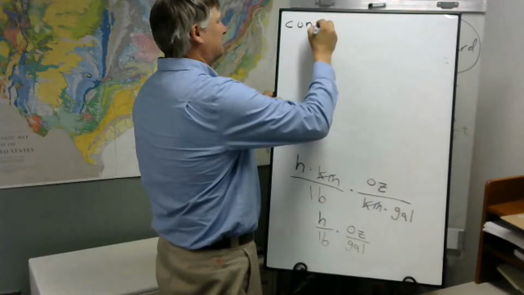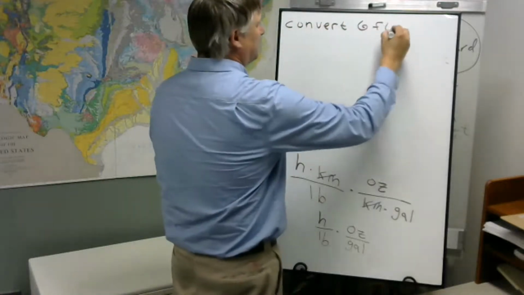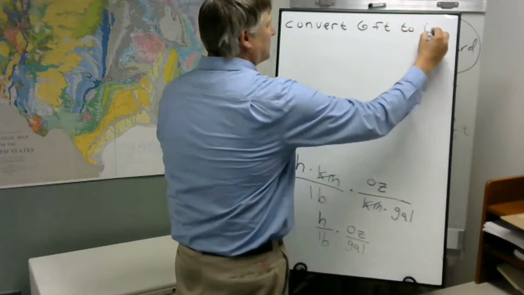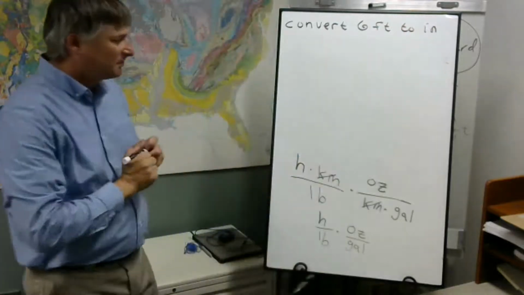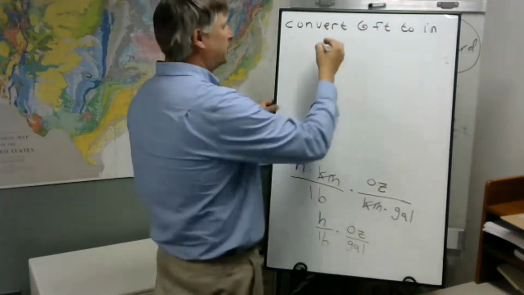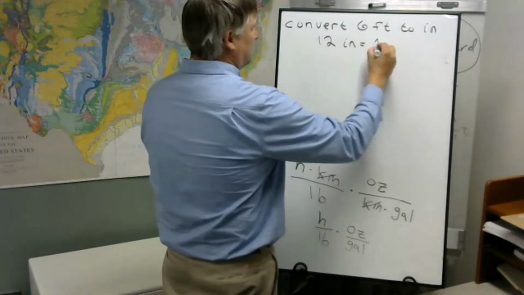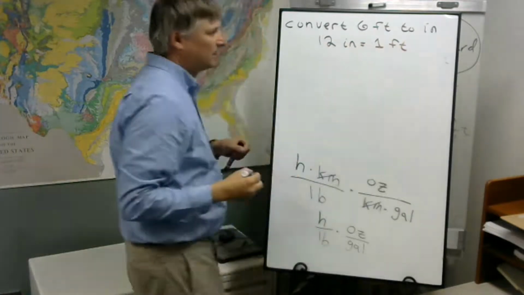Let's convert 6 feet to inches. So what we're going to do is this. We're going to recall that 12 inches equals 1 foot.